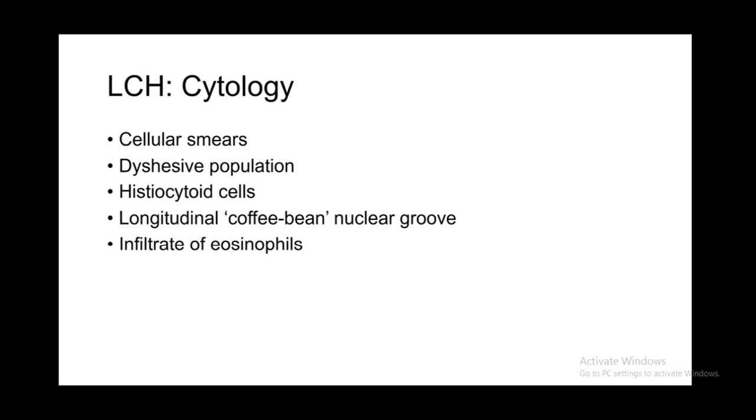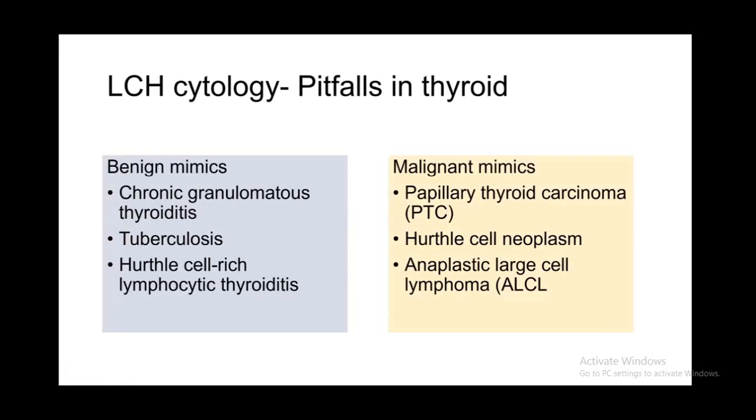On cytology, we see cellular smears, discohesive cells with histiocytoid appearance, and longitudinal coffee bean nuclear grooves are the diagnostic hallmarks. An infiltrate of eosinophils is very helpful in making the diagnosis.